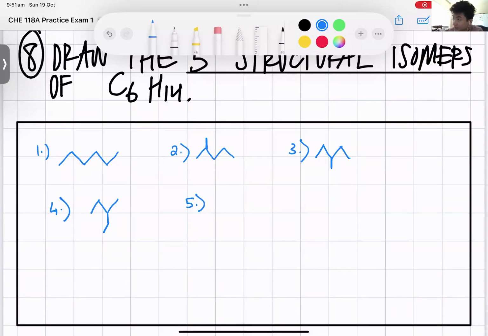Oh shoot, okay. So that one I didn't include. There should be 6 then. Yeah, I didn't include that one. Okay, good. I'll try and think of the 6th one.